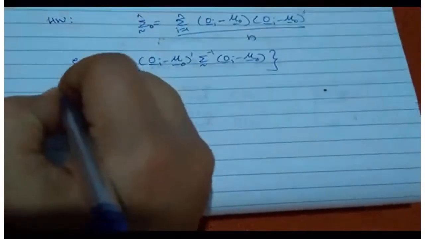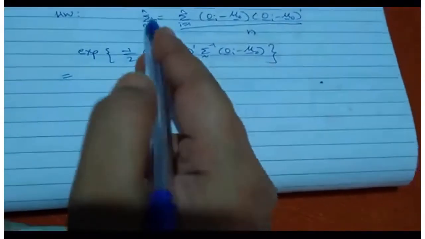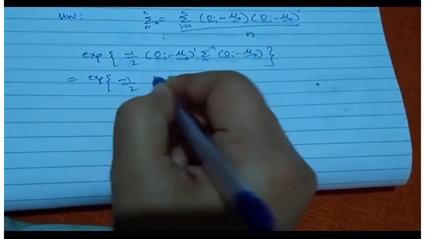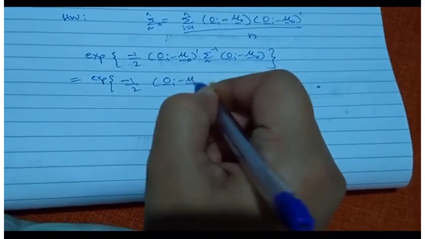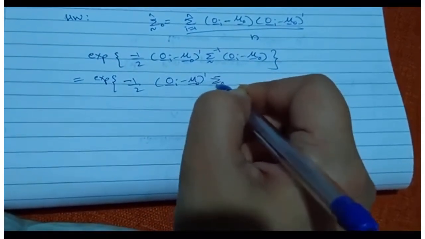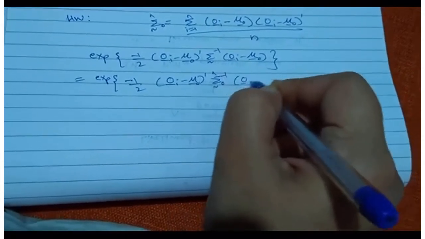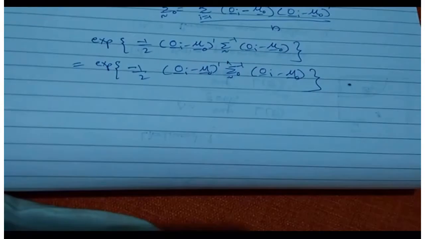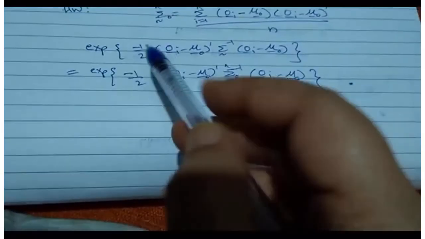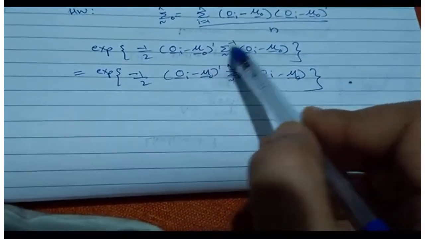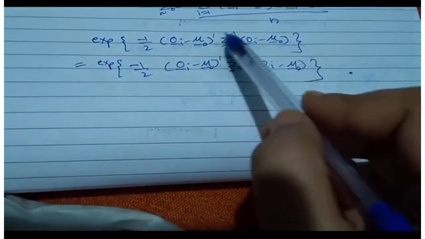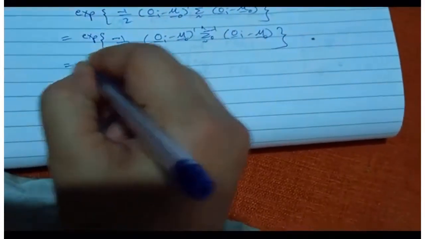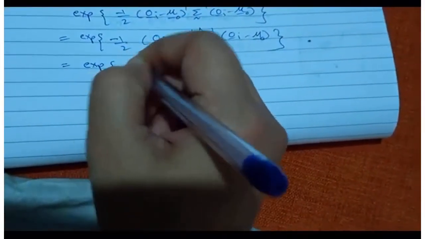So now let me substitute sigma naught hat in place of sigma. So this would become e raised to minus half (y minus mu naught) prime sigma naught hat inverse (y minus mu naught). Now we will use the exact same ideas: (y minus mu naught) prime sigma inverse (y minus mu naught) is actually a constant, so I can write it as trace of itself, and once I write it as trace, I can change the order.